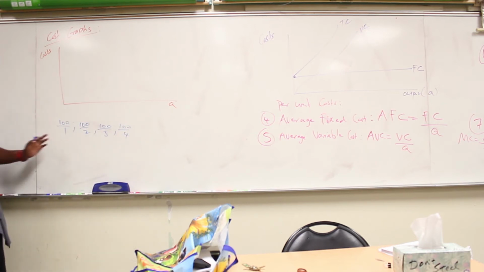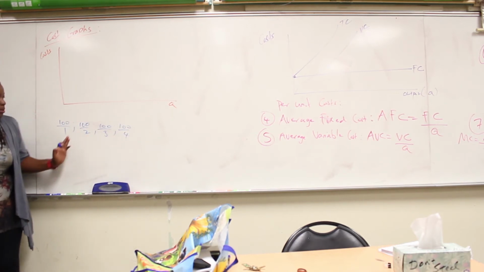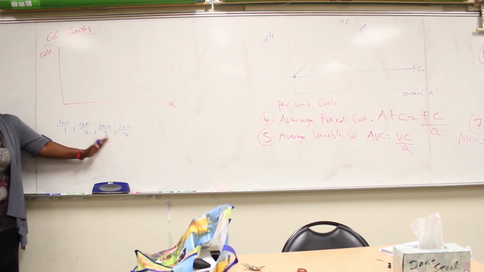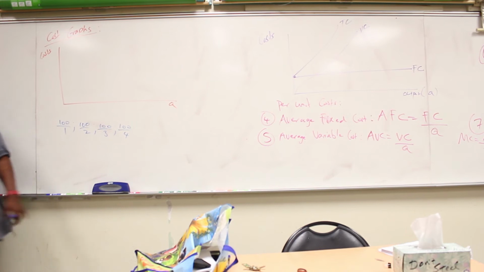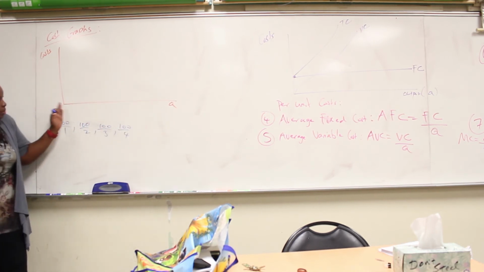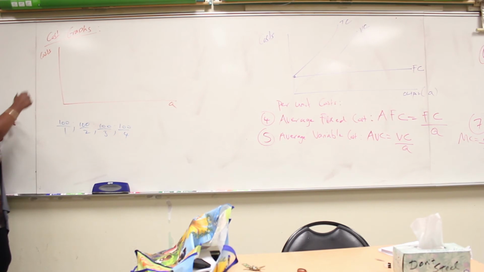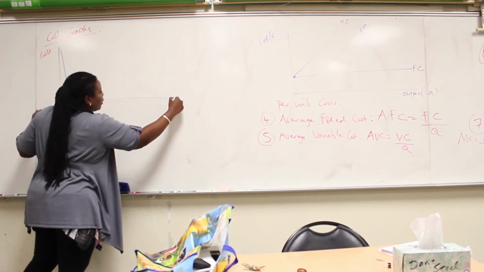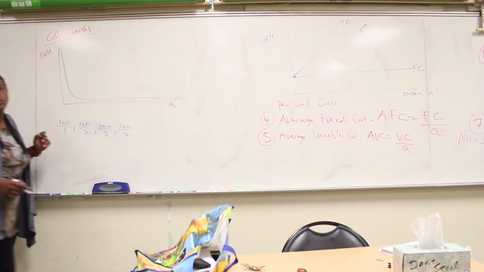As I am increasing output, making more and more of the good, what's happening to my average fixed cost? It's getting smaller and smaller. Which means if I want to graph this out, as my quantity is increasing, the average fixed cost starts off high and then gets smaller and smaller. That's my AFC. The shape's a little funky.